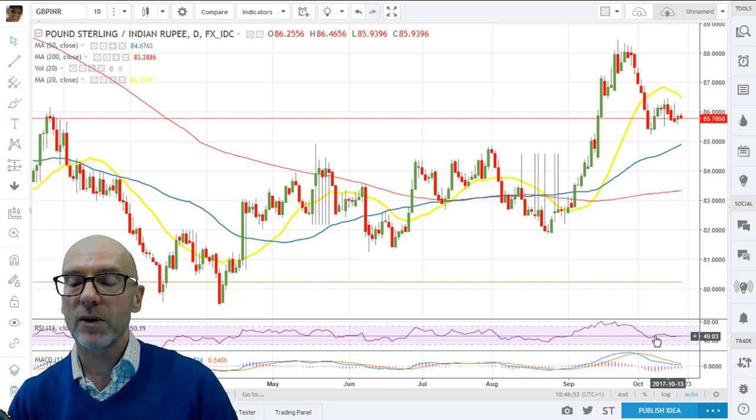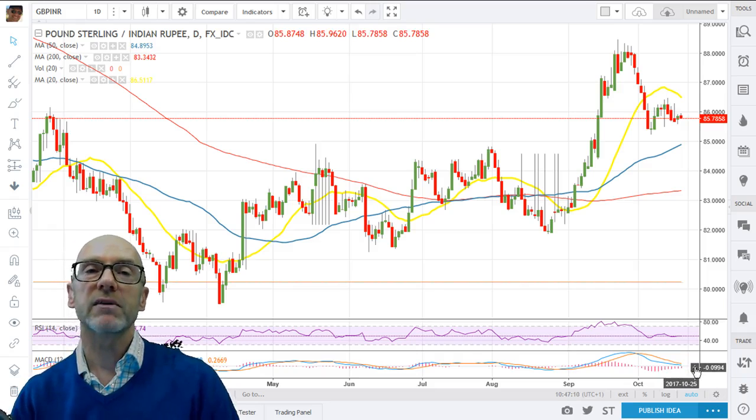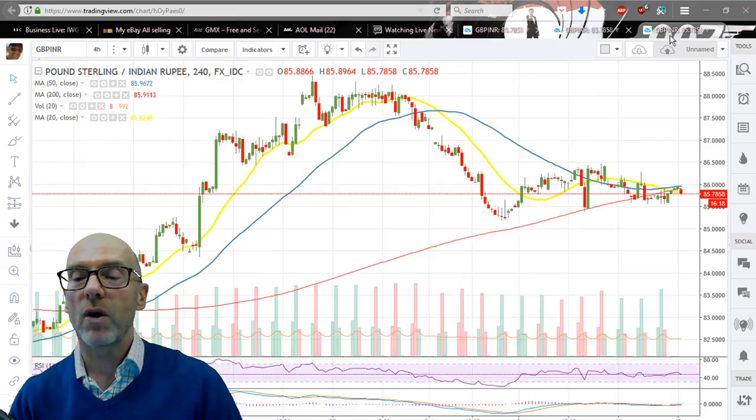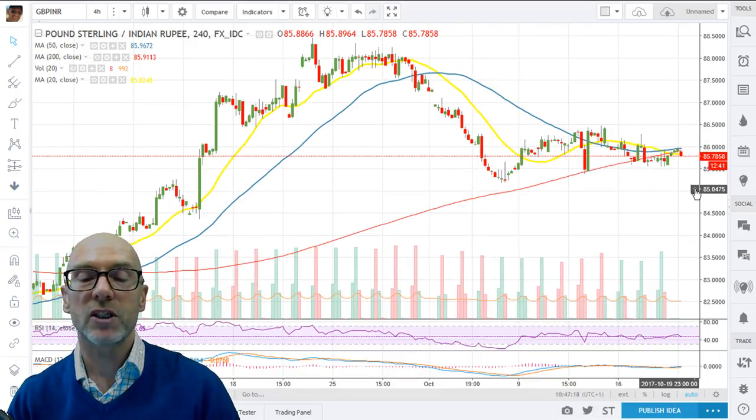You can see the RSI has fallen. It's trading sideways, but it is below 50, 48.74. And the MACD as well are tracking down, short term below the longer term in a negative formation, indicative of negative momentum.